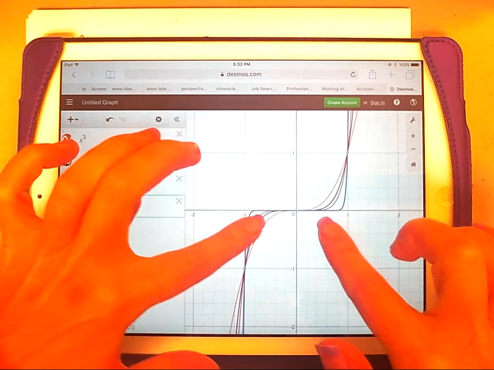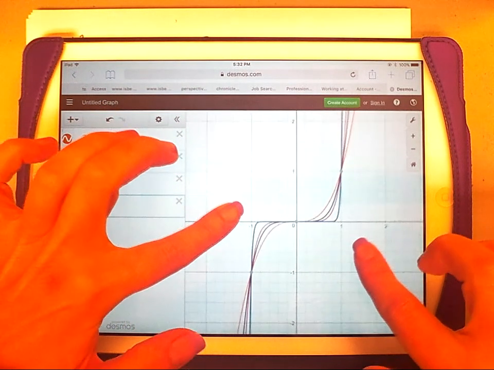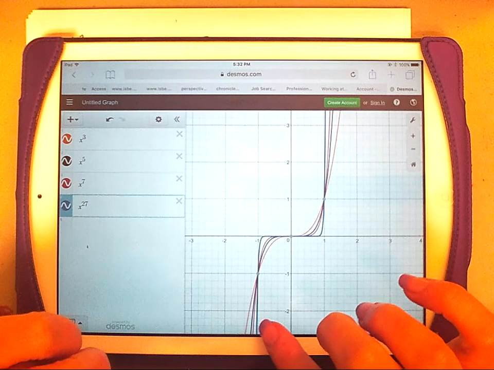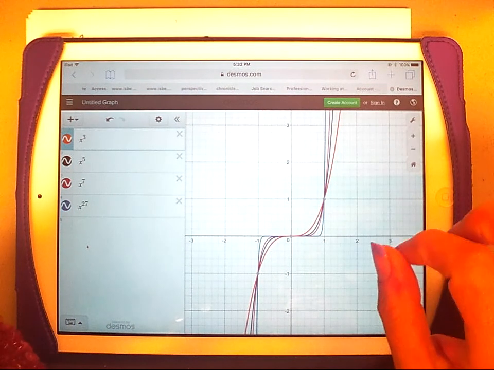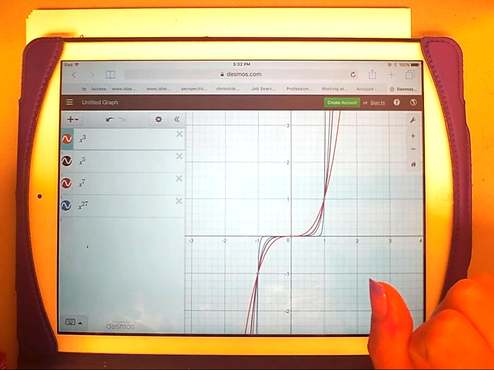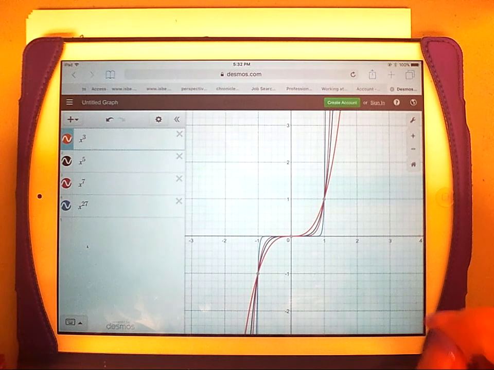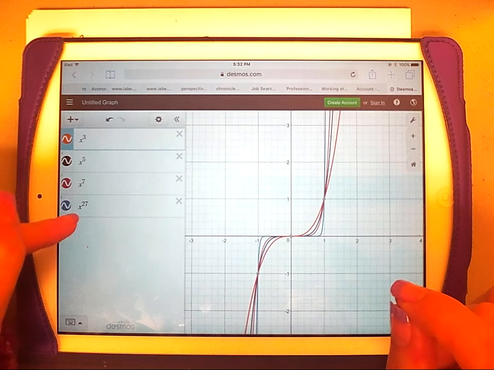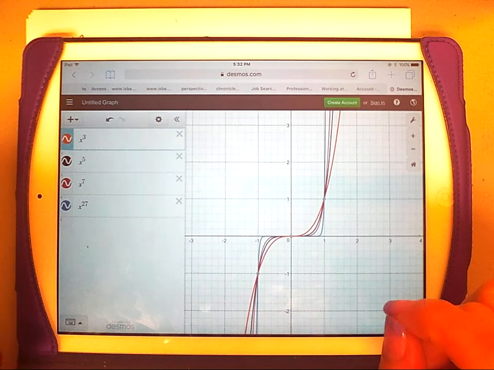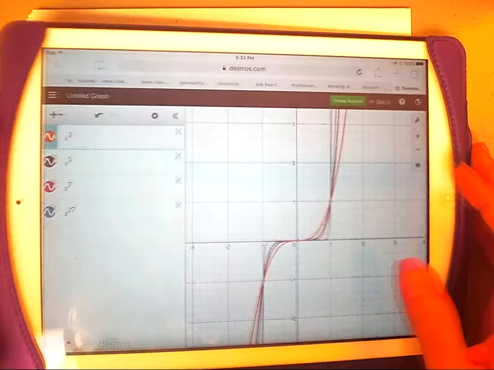And again, there it's flattening out much more in between negative 1 and 1, but that it's taking off to negative infinity, this furthest one in, and positive infinity much more quickly. Okay. So really, the graphs of functions are determined by the power of the exponent. Okay. So let's start from there.